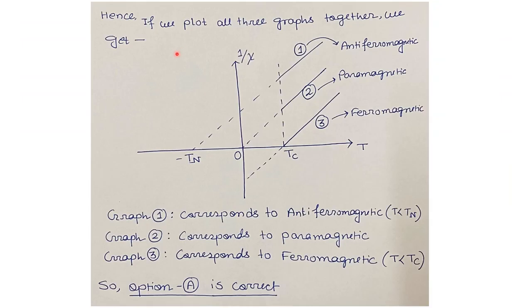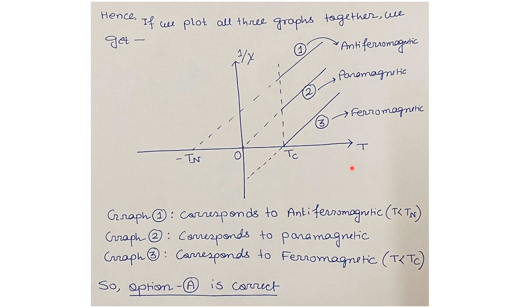Now we have plotted the 1 by susceptibility versus temperature for all three materials. Those are paramagnetic, antiferromagnetic and ferromagnetic. So this plot shows all three curves.